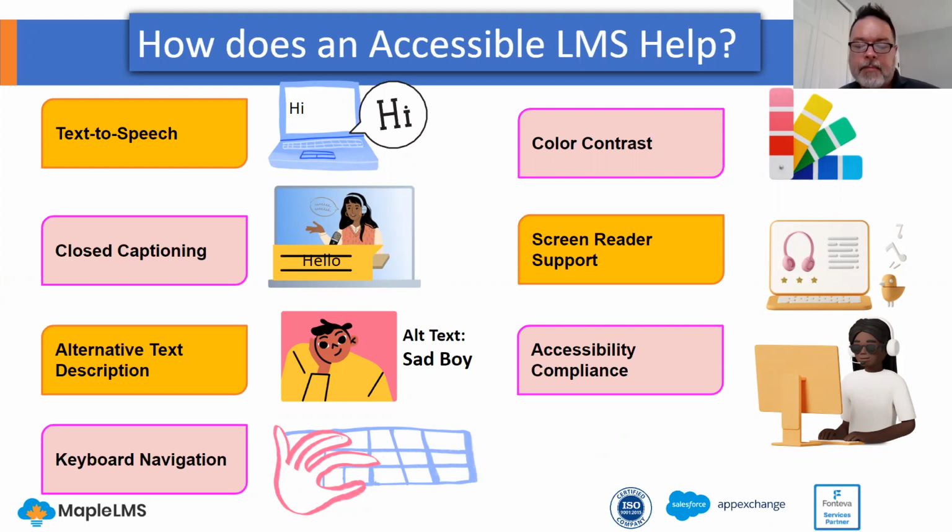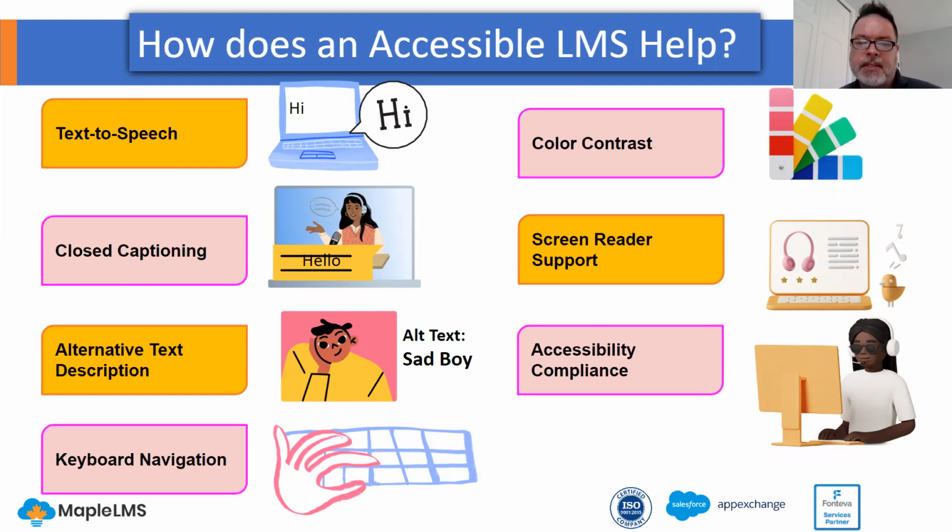aspects of life. So when we talk about how an accessible LMS helps, text-to-speech is a great feature you want to look for. This allows learners to have the content of a course read aloud to them, making it easier for those with visual impairments to access the information. Closed captioning is another one.